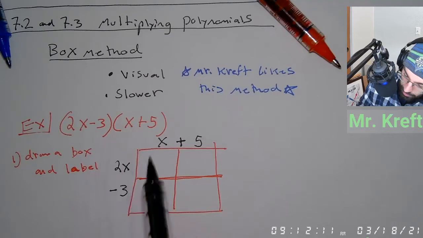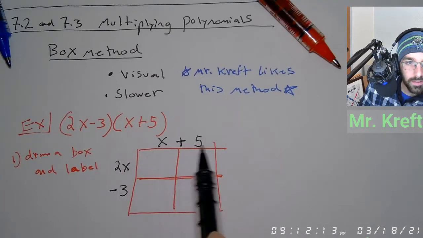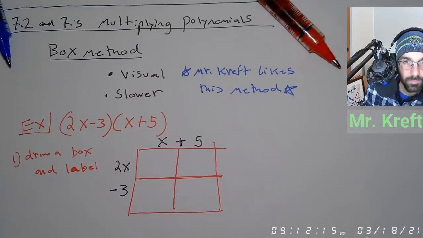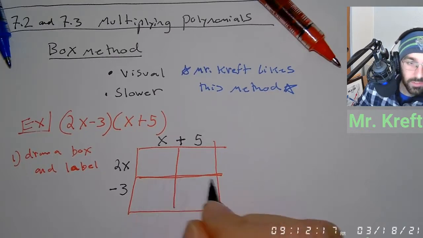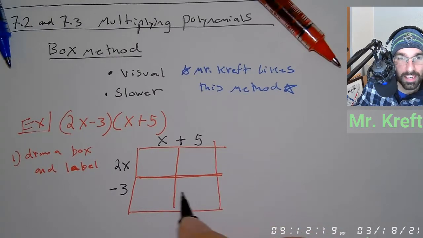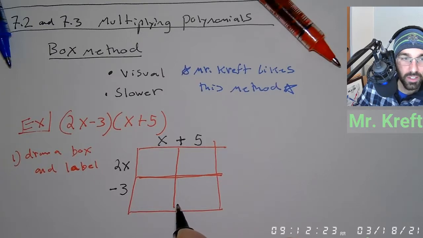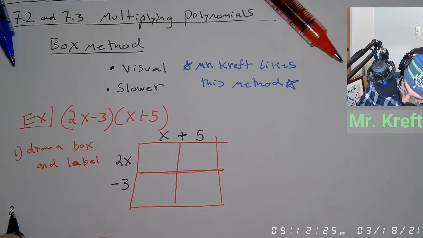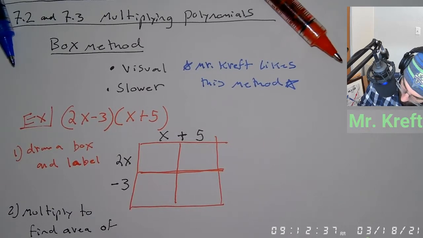Okay, so your two polynomials are going to go on the outside. Okay, and do you guys remember doing multiplication tables? This is just a multiplication table. Okay, so step 2 is we're going to multiply to find area of the small boxes.